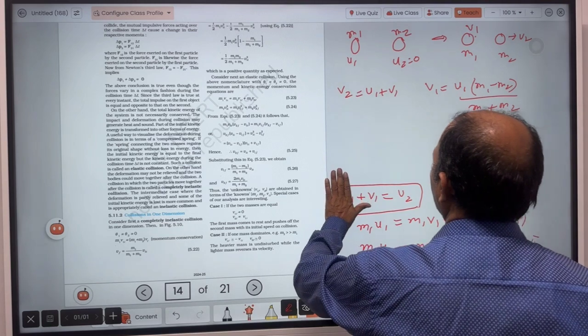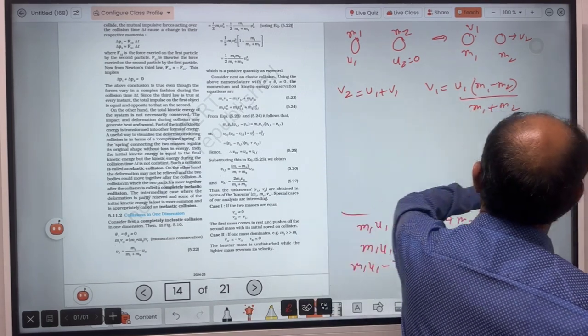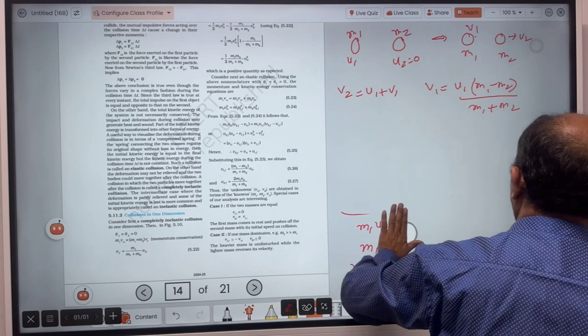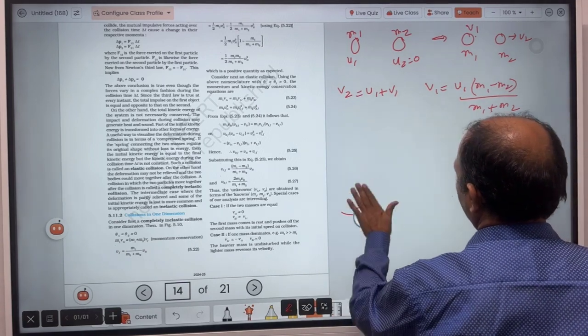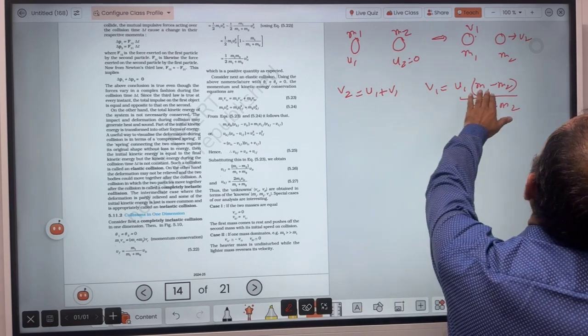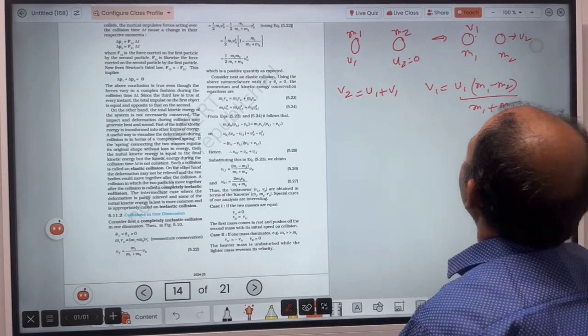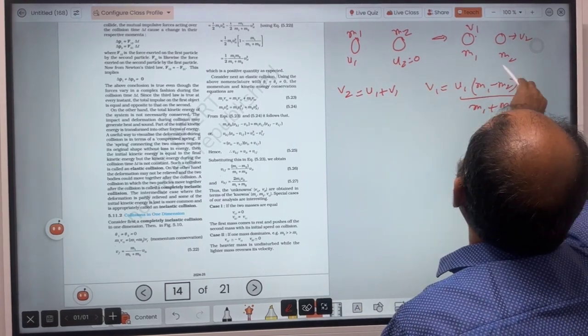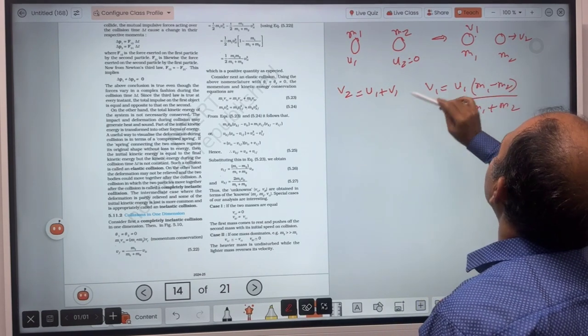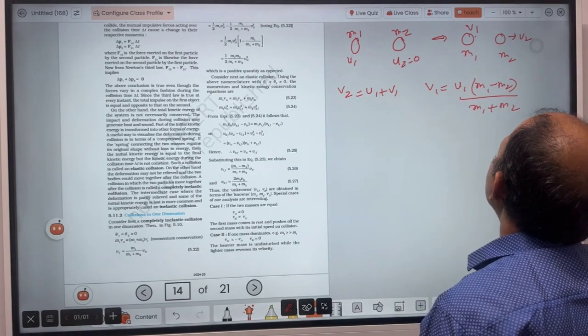Now what can we conclude from here? Here we can imagine different situations in terms of masses. Suppose masses are equal, then what will happen? If masses are equal, then this term will become 0. It means v1, the first body, will come to rest.